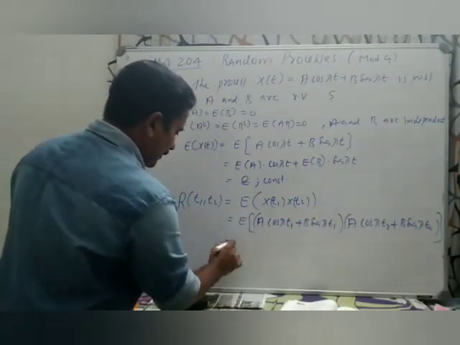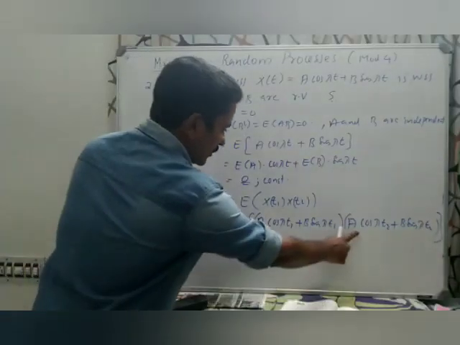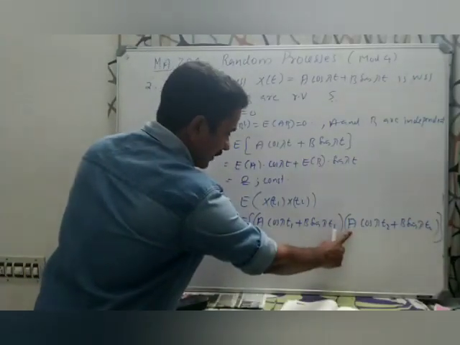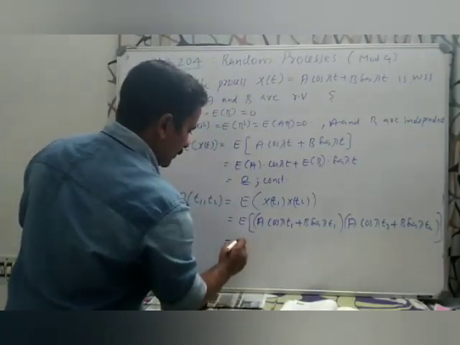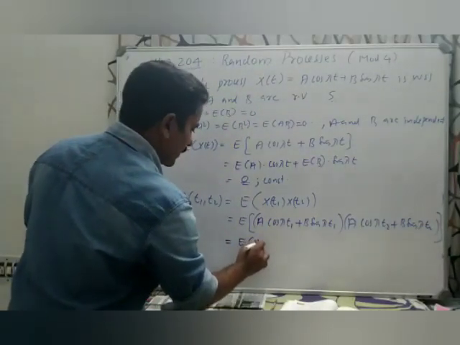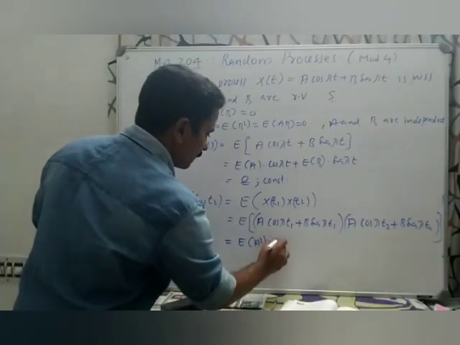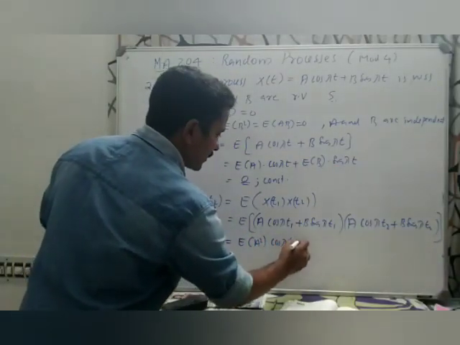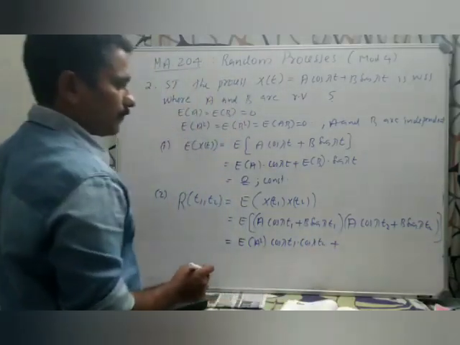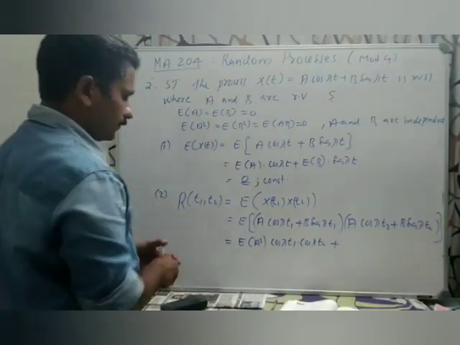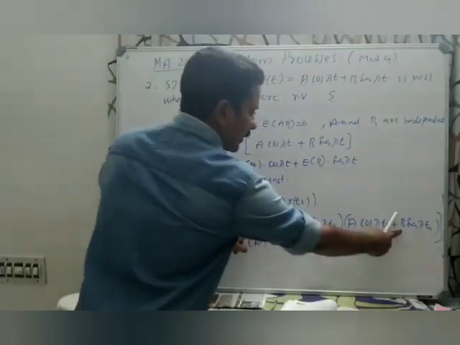together, and first when you multiply you will get a square cos lambda t1 cos lambda t2, and when you take the expectation you will get expectation of a square cos lambda t1 cos lambda t2 plus next one, ab.